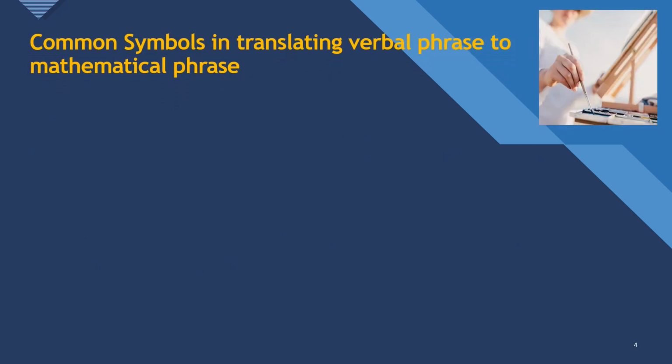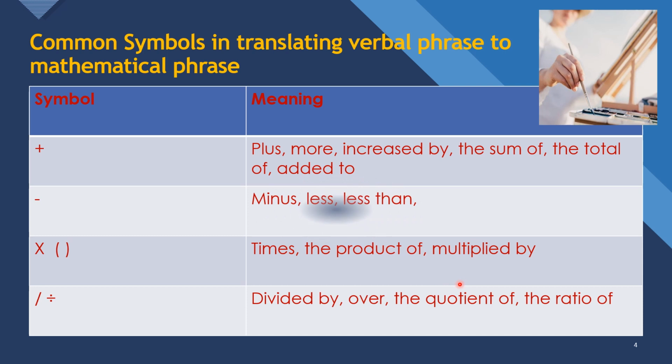So we have the common symbols in translating verbal phrase to mathematical phrase. Okay, so we have here plus. The meaning is plus, more, increased by, the sum of, the total of, added to.